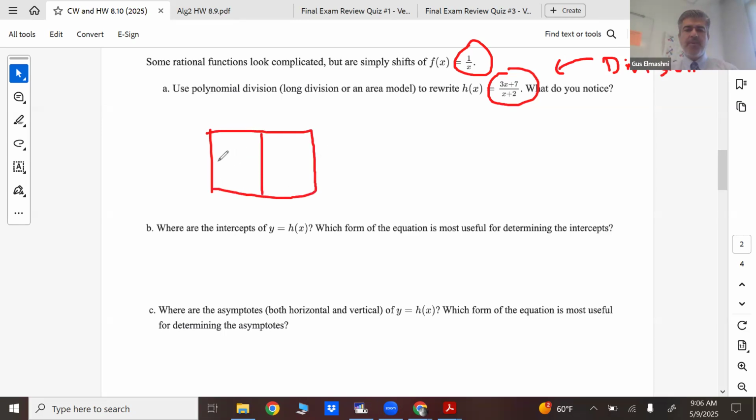It's actually pretty easy. x plus 2, x and 2 and 3x. So you're still gonna do the division. What do you multiply x with to get 3x? 3. Not add, multiply. Okay, good.